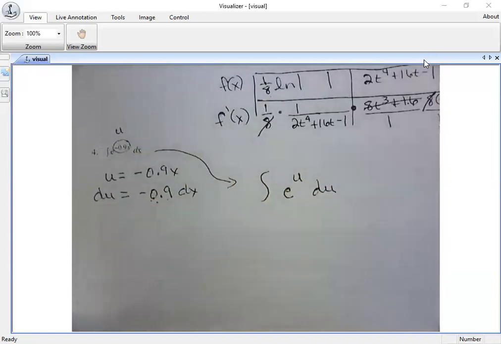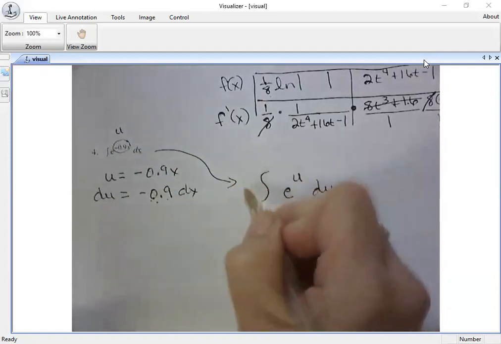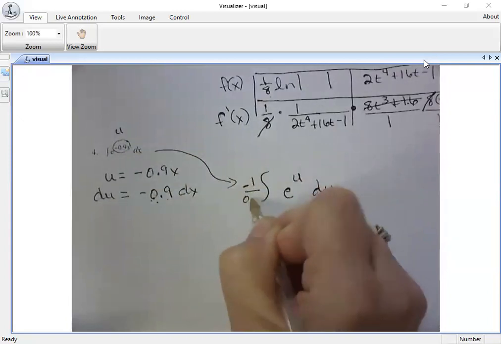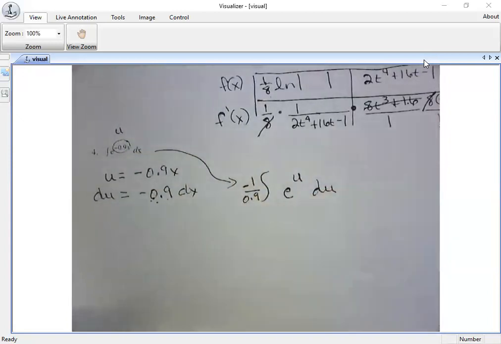So what Sarah was saying is we could think of it as negative 1 over 0.9. Okay, which is kind of a funny way to write it. I mean, think about 0.9 as being 9/10. We could have written it as negative 10 over 9, and that's the same thing as negative 1 over 0.9. That makes sense? And we'll clean this up in just a minute.